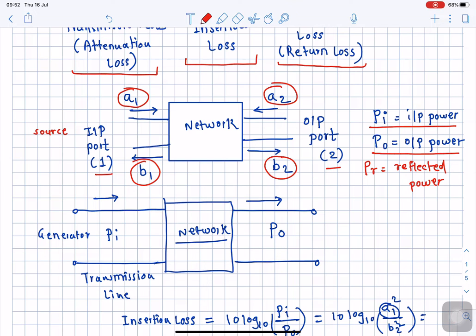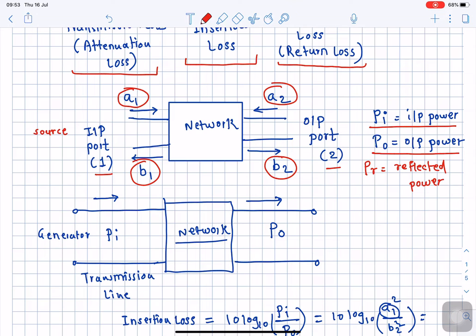So the output power is denoted by Po, which is available at port 2. Now please remember, whatever input power Pi we feed, not all of the power is made available at the output. This is where the losses contribute. So why is the total input power not available at the output?